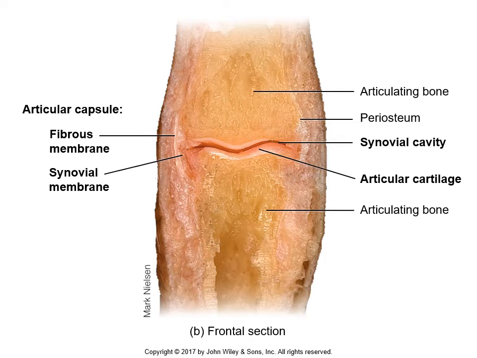On this side of the joint it's a little hard to see, but over here the cartilage has significantly thinned out. If you look there, I don't really see much cartilage, because it's thinning out. Same thing over here. So that's very normal as we age.